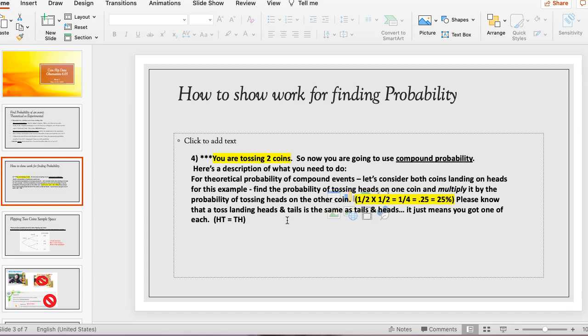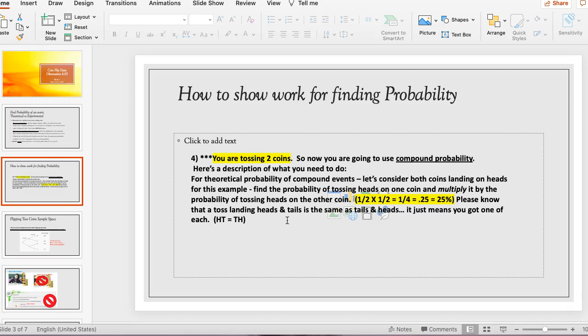When I multiply these fractions, 1/2 times 1/2 equals 1/4, or I could write the fraction as a decimal and I would get 25 hundredths. Changing the decimal to percent is 25%. These are all the same value, 1/4, 25 hundredths, and 25%, written as a fraction, a decimal, and a percent.